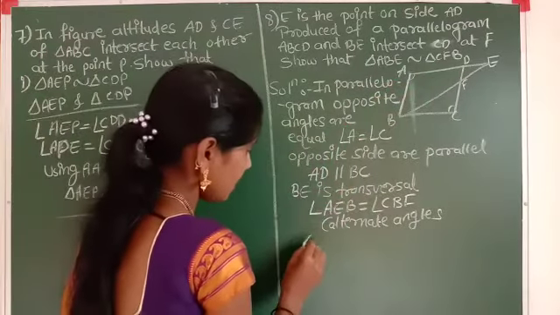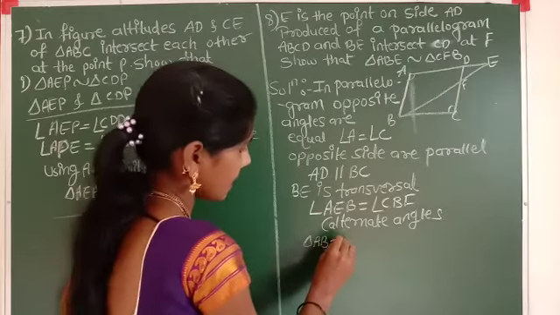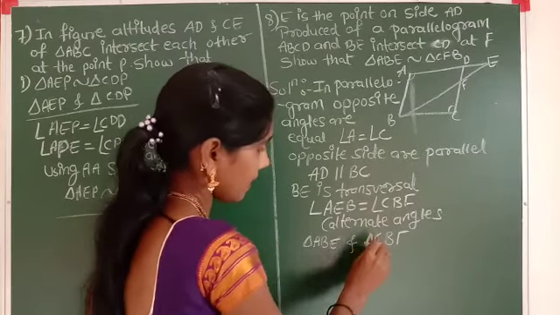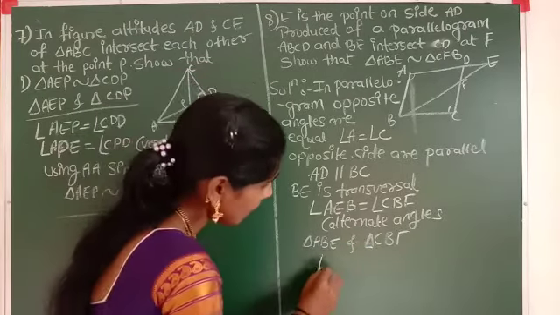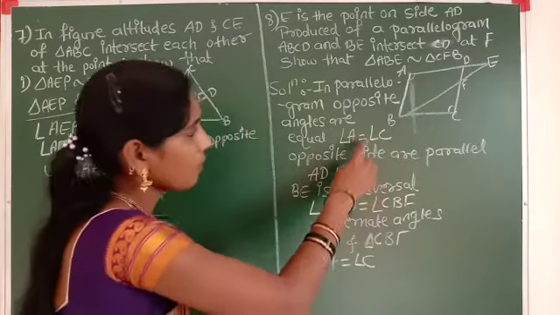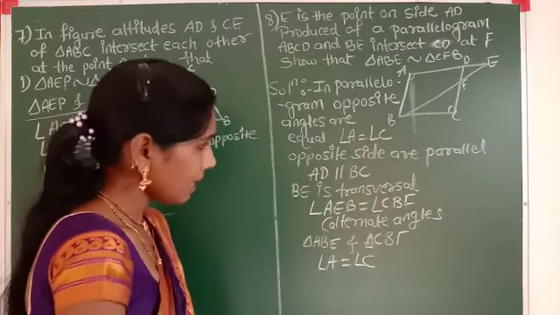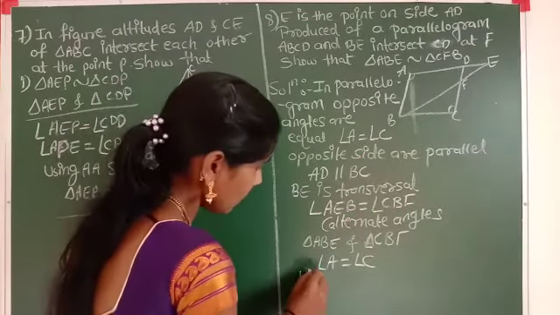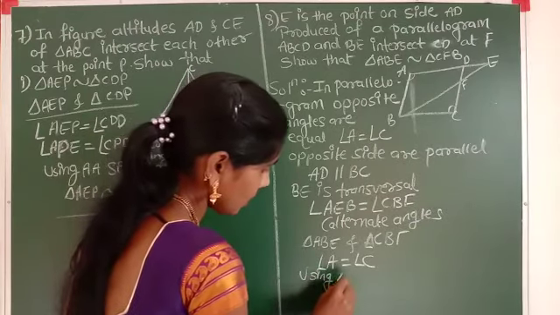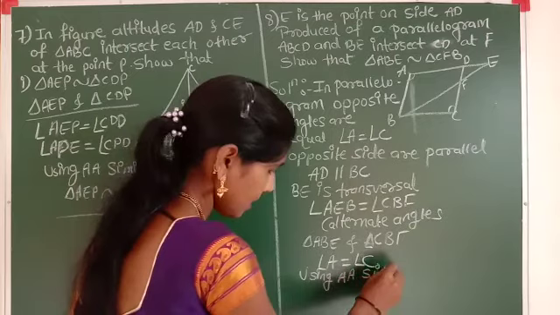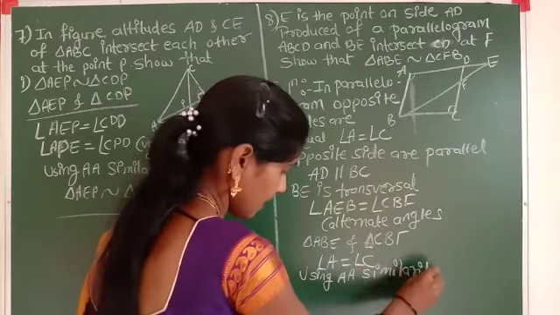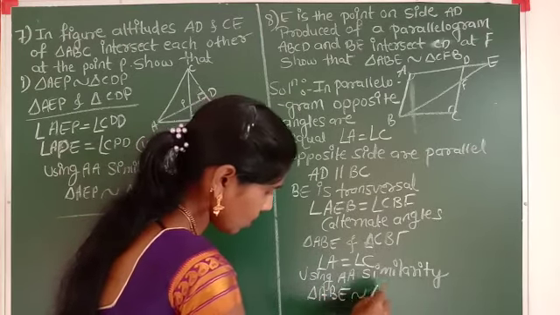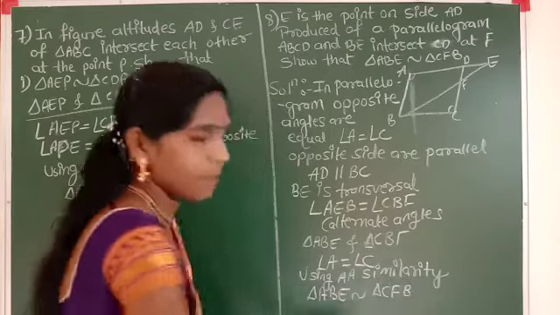In triangle ABE and triangle CFB, angle A is equal to angle C, we know that. And angle AEB is equal to angle CBF. Using AA similarity, we can write triangle ABE is similar to triangle CFB.